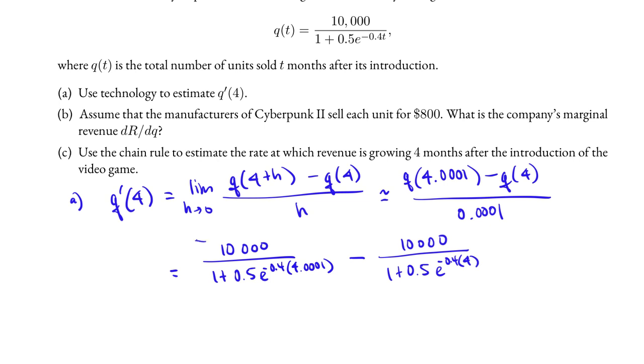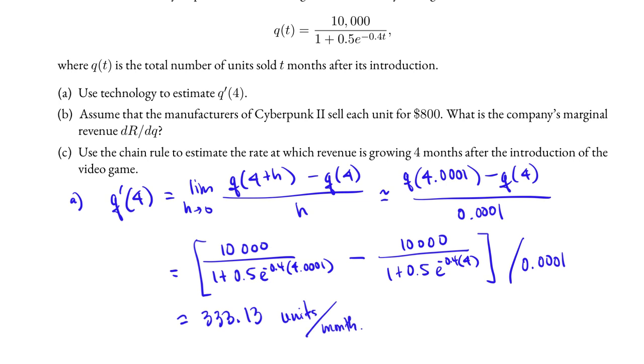We still need to take the entire expression and divide it by 0.0001. Using a calculator, we will get approximately 333.13. The unit for this Q'(4) will be the number of units per month. What this means is that each month, the total number of units sold increased by 333.